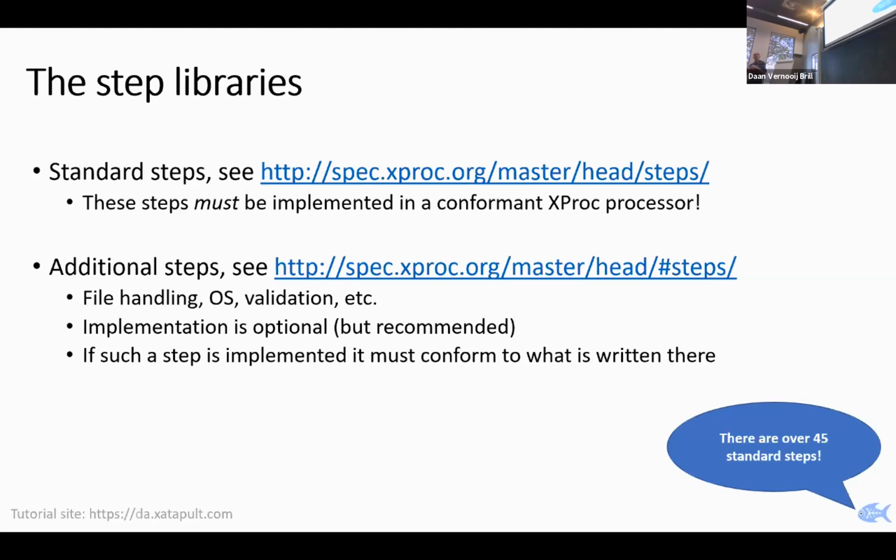Then there are a number of additional steps, like working with files, working with the operating system, doing validation. These steps are optional, so the processors do not have to implement them, but the 2 I know of do. But if for instance, a processor implements a validation step, it should be like we described there. That's the rule we've set for it.